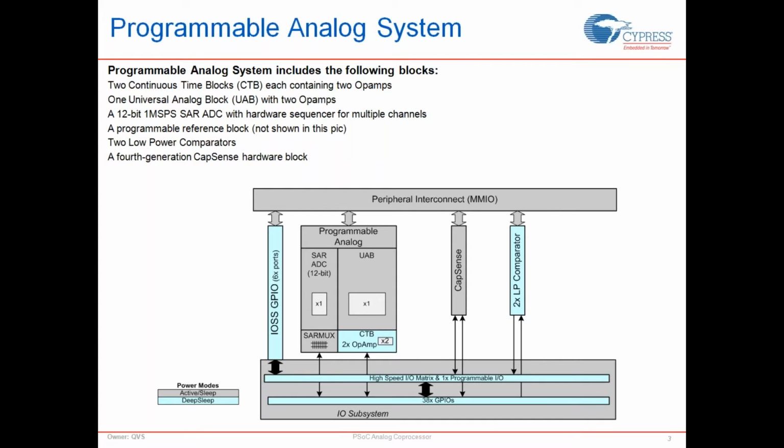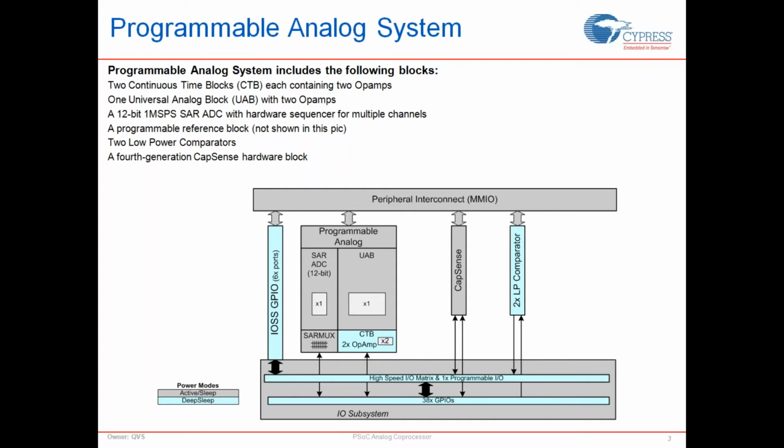Each continuous time block incorporates two op-amps, so you could build naked op-amps out of it, or you could use it as a programmable gain amplifier with internal resistors. So that's the CTB. We have something called CapSense, which you can use to measure capacitance, which is in turn used for capacitive sensing, touch sensing of touch buttons and sliders and stuff.